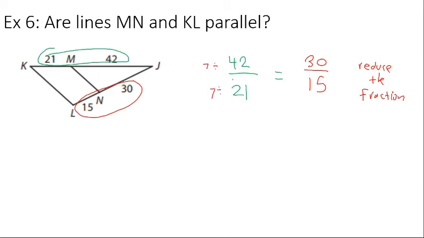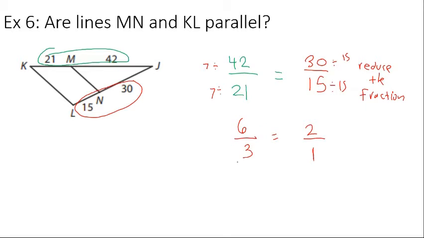So 7 goes into 42 6 times. 7 goes into 21 3 times. Over here I could reduce by 15. 15 goes into 30 2 times. 15 goes into 15 once.